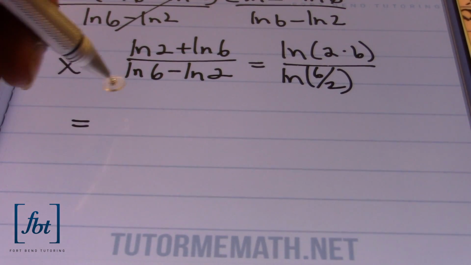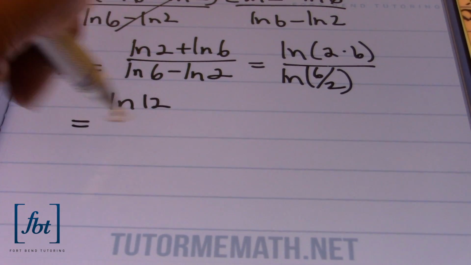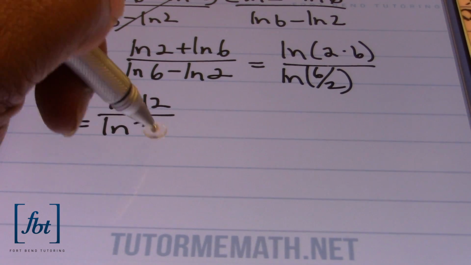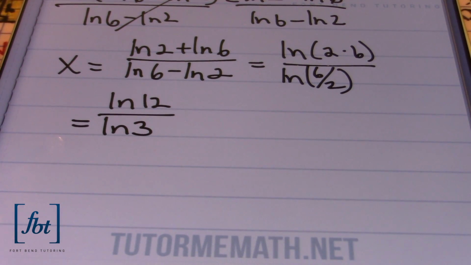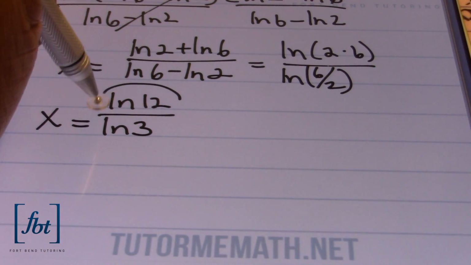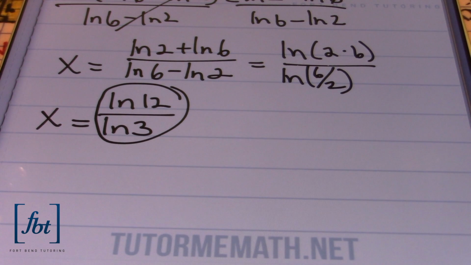And so you would end up with the natural log of 12 divided by the natural log of 3. Okay, well, you can do that. I guess it is the same thing. It's more compact, okay, I agree with you. All right, let's use this as our value for x.